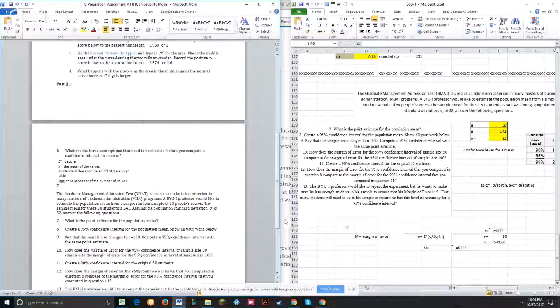That's what I thought, and I just didn't want to do it wrong. So I put the mean is 541, right? The number's 50. Deviation is 32. Is that right? Yeah, standard deviation is 32, and the point estimate or the mean is 541.